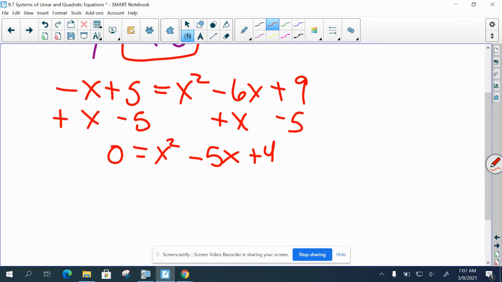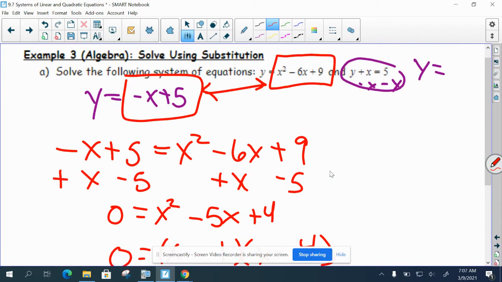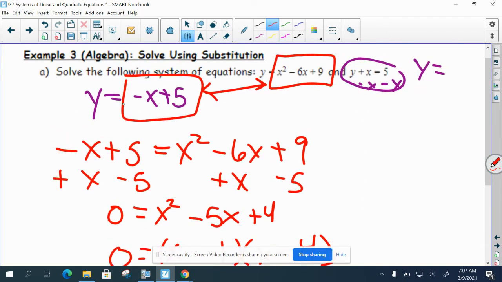And then I would factor this. So put x in the first spot, and then factors of 4 that add to negative 5 would be negative 1 and negative 4. So I would get x equals 1, x equals 4. And then plug 1 and 4 back in for x into the linear equation. I'm going to use the equation that I already solved for y.